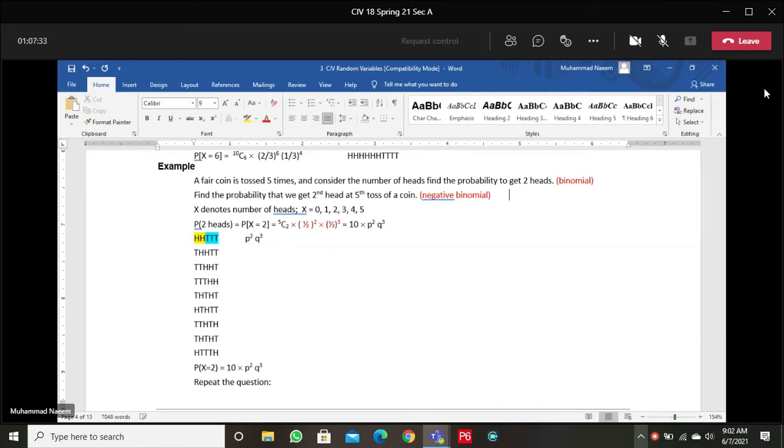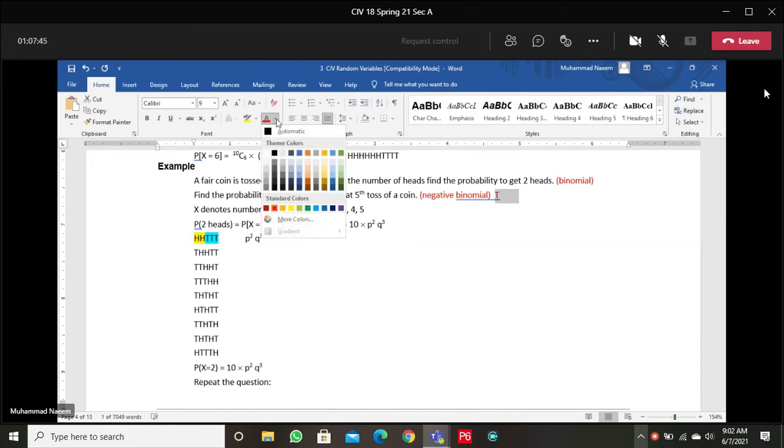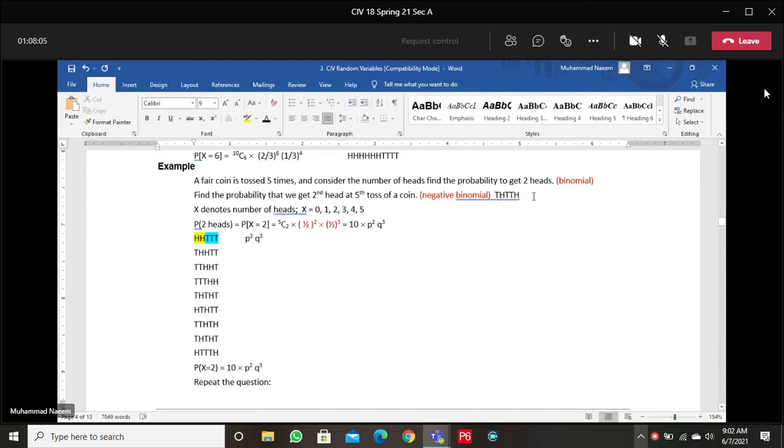What will be the answer? This is the situation that we have tail, let's say tail, and then head. As we get our second head, we stop there. What are the chances that we are stopping at the 5th toss? If you look at these outcomes, the probability is simple. P power 2 we have, and Q power 3 we have. What is the coefficient?